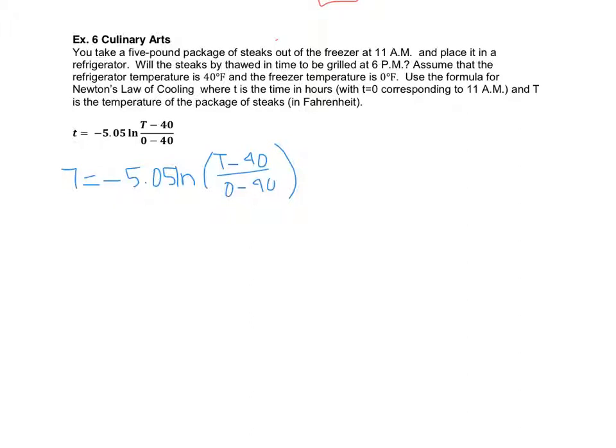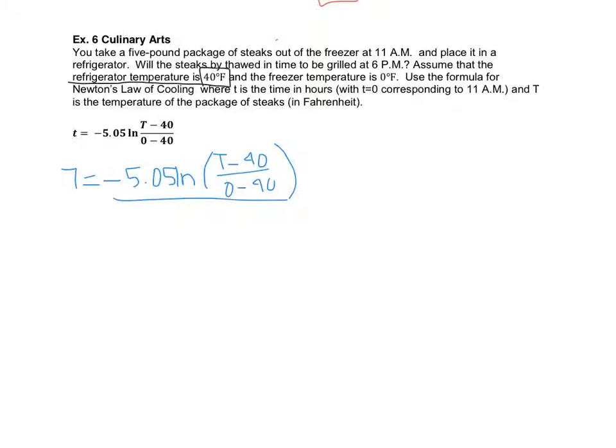So I'm going to solve this for T. Think about thawing it out. If it has thawed out, then that means it has reached the temperature of the refrigerator, which would be 40 degrees. So my goal is that I want that temperature to be 40 degrees. If it is anything less than 40 degrees, then we'll say no, it hasn't thawed. So go ahead and solve.